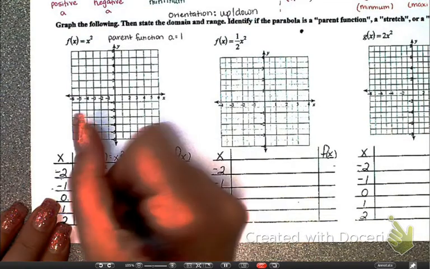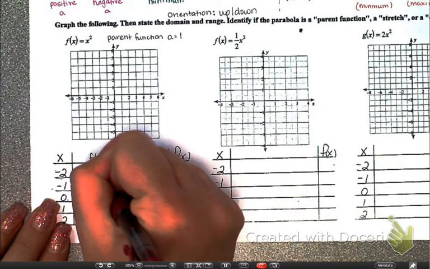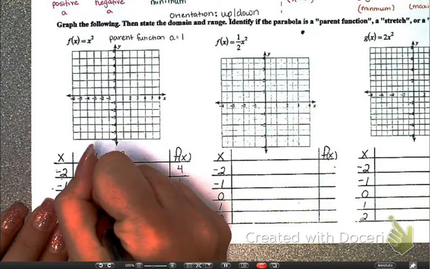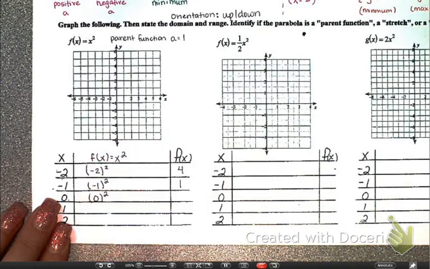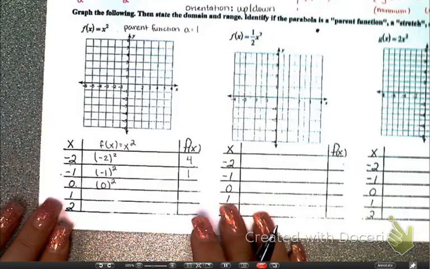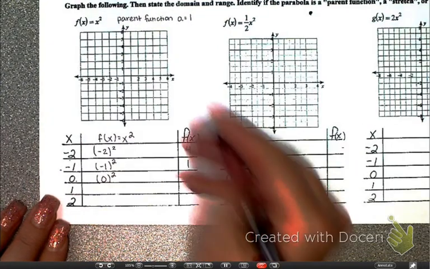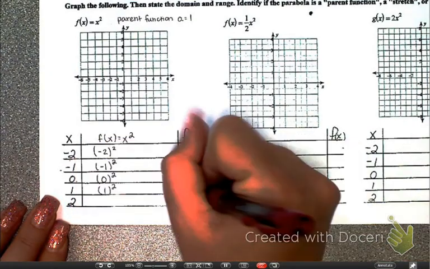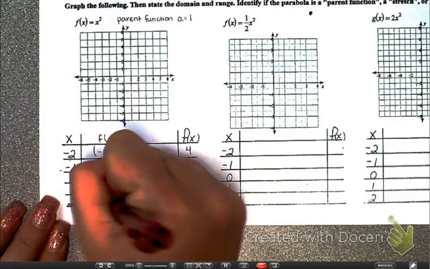Okay, I'm going to plug in negative 1 squared. What's negative 1 squared? 1. I'm going to plug in 0 squared. What's 0 squared? 0. What about 1 squared? 1. And what about 2 squared?